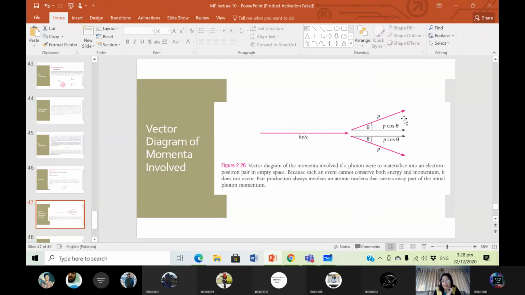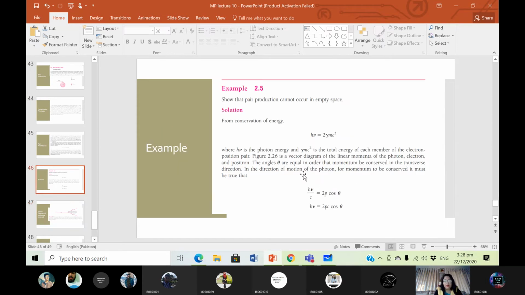And then if p is the momentum of the electron and p is the momentum of the positron, both are equal. They would recoil, scattered at equal angles. So the linear momentum in the x direction will be p cos theta and p cos theta. So we have h nu over c as 2p cos theta.